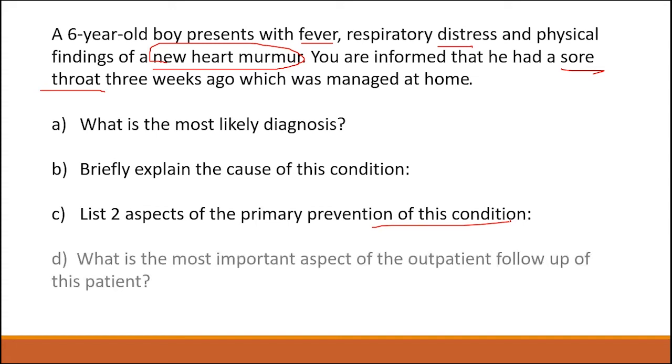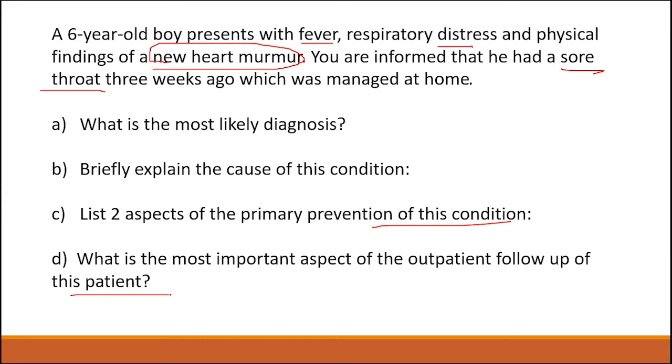All right. What is the most important aspect of the outpatient follow-up of this patient? The patient is going home.